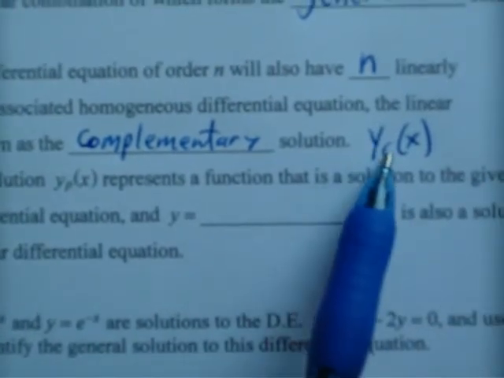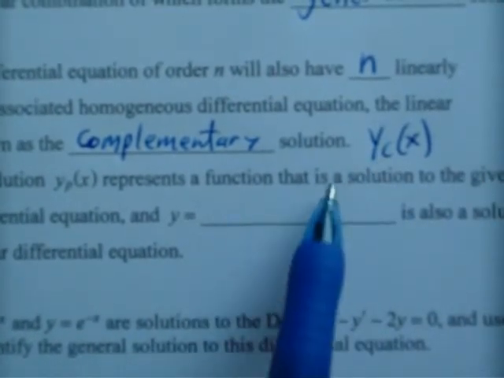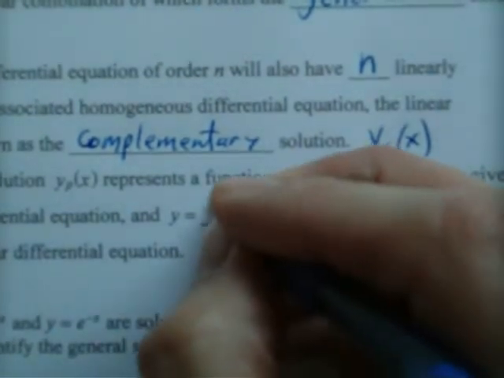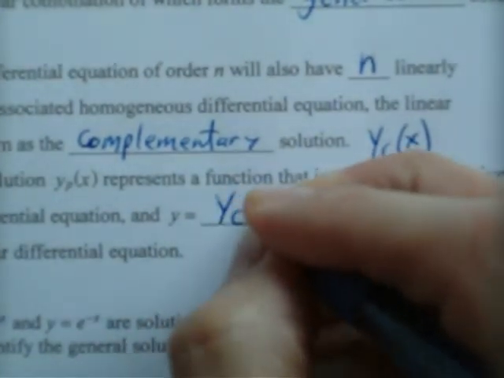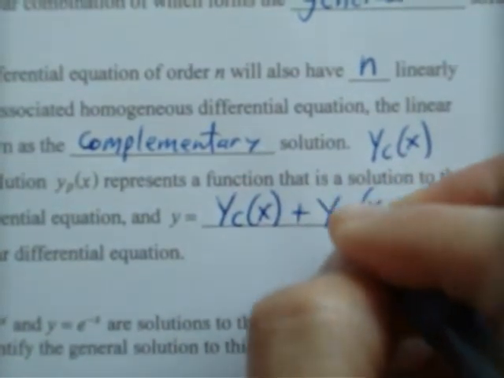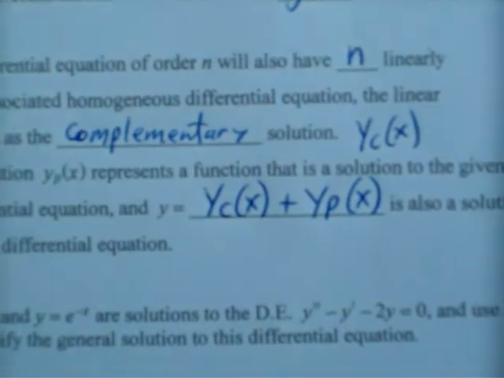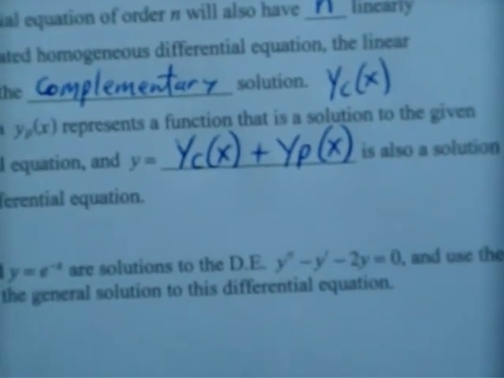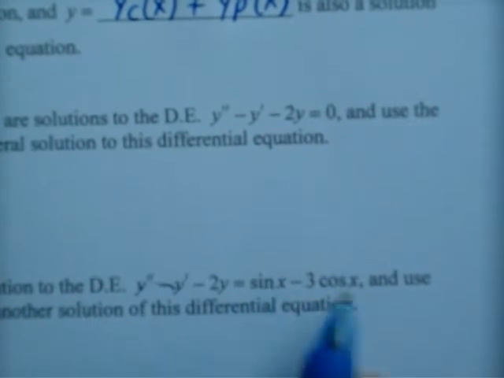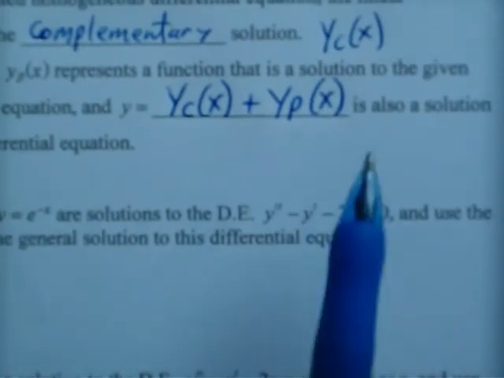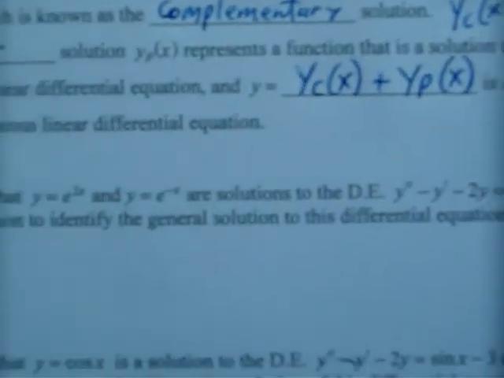Well, if y sub c of x makes that left-hand side equal to 0, then adding y sub c of x to y sub p of x still gives you another solution to your differential equation. So y sub c is the complementary solution, that's what makes that left-hand side 0, and y sub p is a particular solution that makes that left-hand side equal to your q of x, whatever it happens to be. So if I add 0 to q of x, I still get q of x. But this is what we're going to use to try to help identify the general solution down the road.